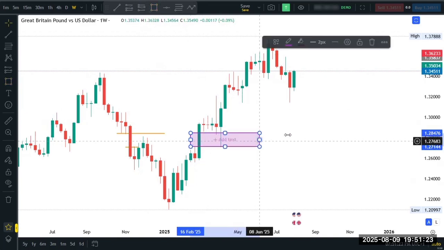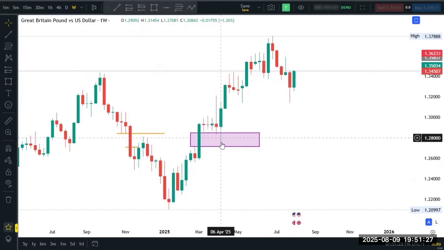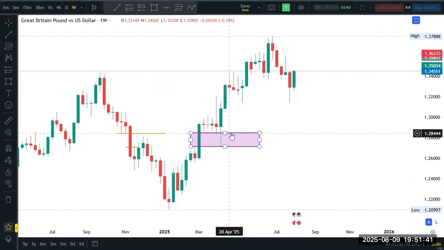When I draw it, you see that even though price pushed up, it came down inside the fair value gap and was reversed to the top side again. So a fair value gap on a higher time frame is very significant. It's a point of interest, a key level that you need to watch out for when you are trading.